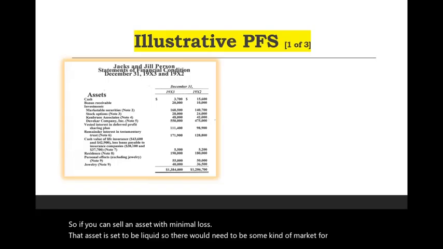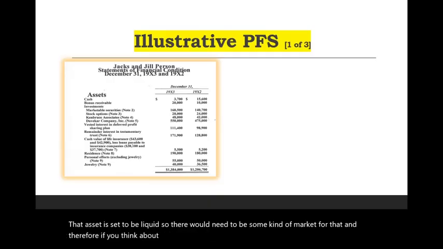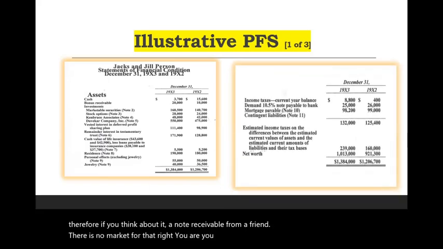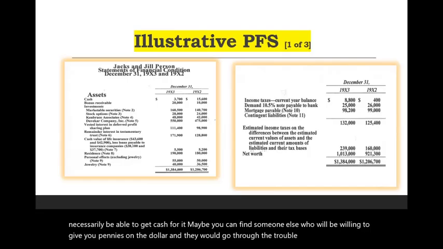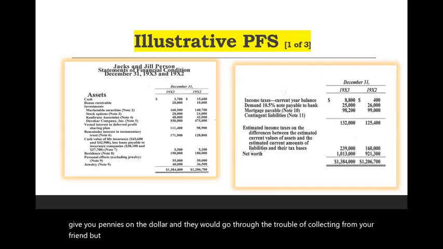Therefore, a note receivable from a friend has no market, right? You are hoping that the friend will repay, but you would not necessarily be able to get cash for it. Maybe you can find someone else willing to give you pennies on the dollar, who would go through the trouble of collecting from your friend. But again, your risk of loss on that transaction is going to be pretty high.